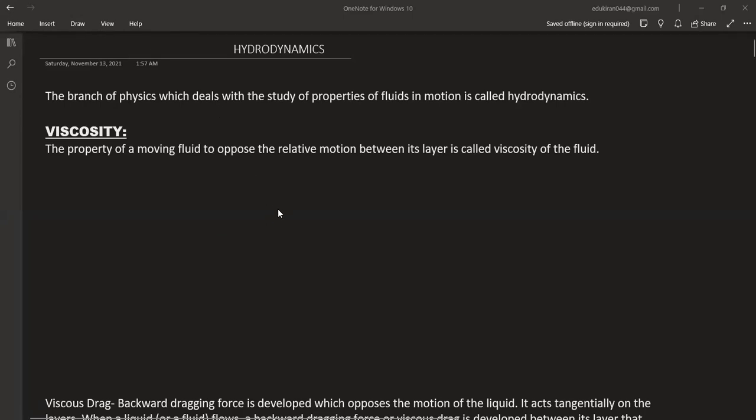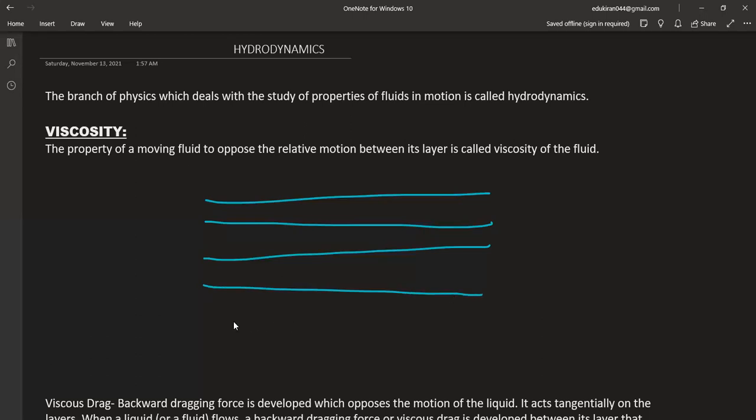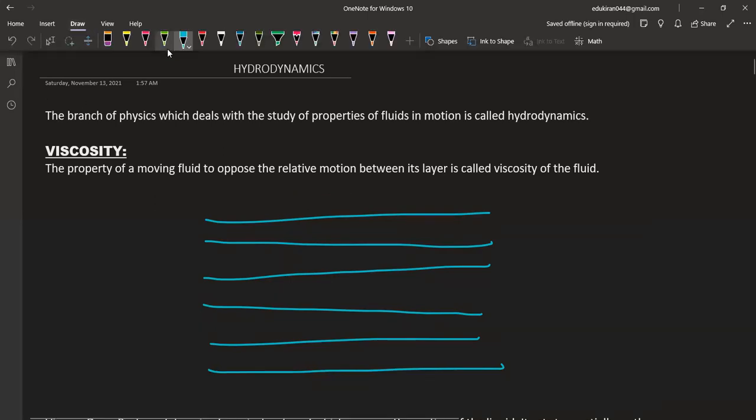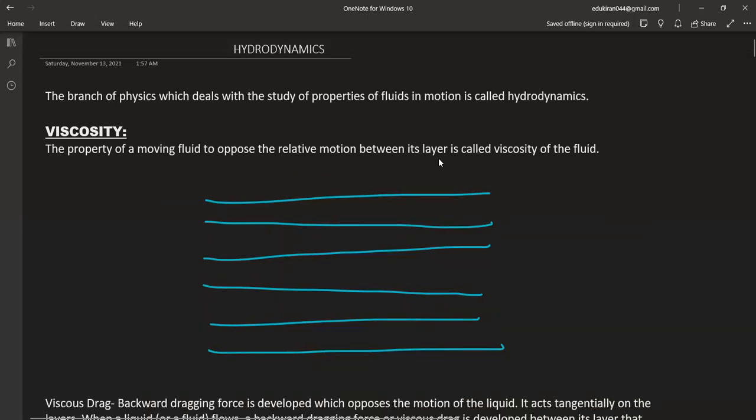See, these are the layers of the fluid when the fluid is in motion. So viscous force is like the frictional force which is acting within the water. Suppose if I'm talking about all these layers, if they are moving, let's say with v velocity on the right side, so each layer will be rubbing on each other.